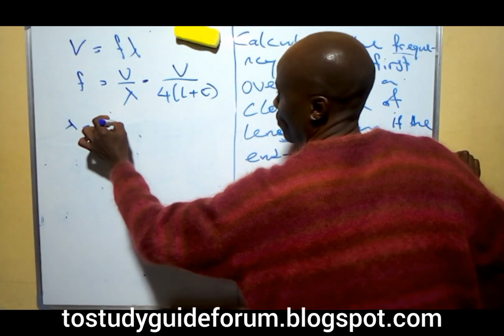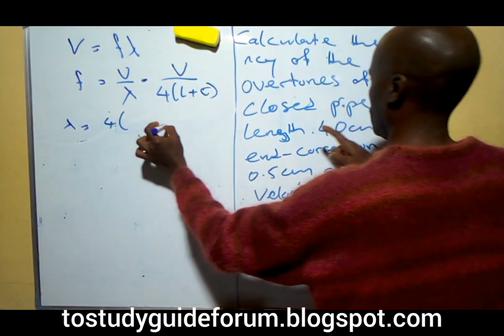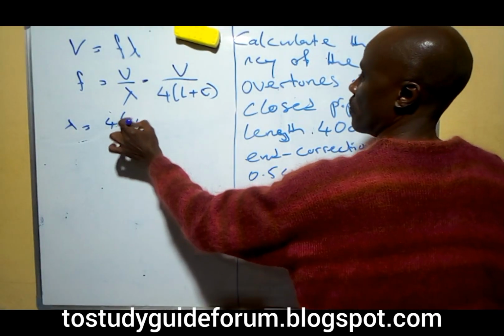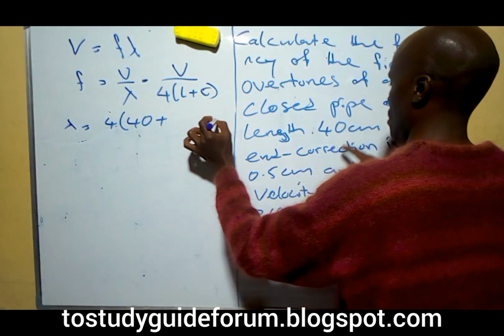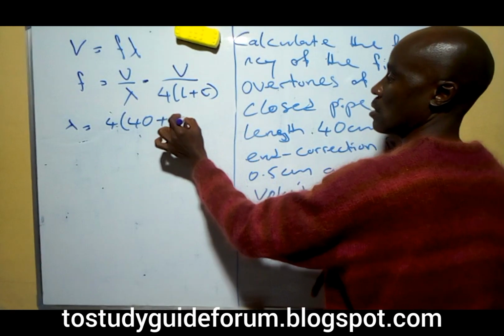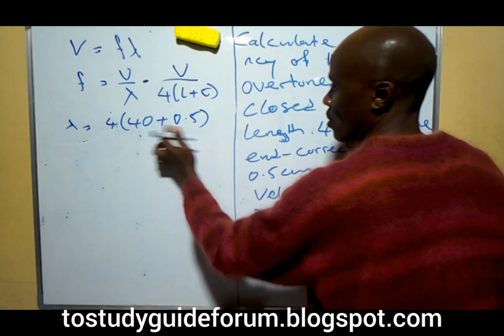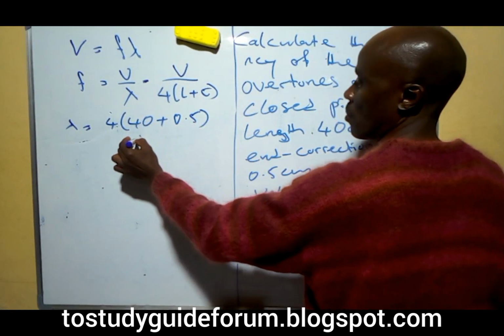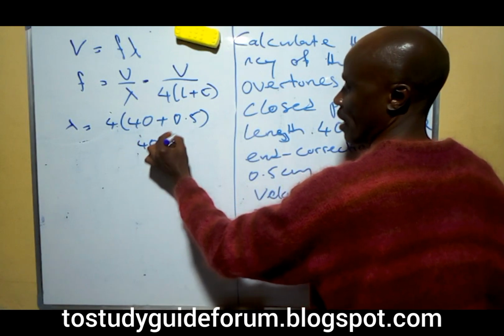Lambda is equal to 4 brackets 40 plus 0.5, which gives us 40.5.